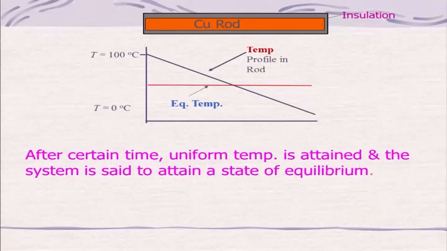I need to isolate it, otherwise no. Unless I isolate it from its surroundings, including the heat source, the heat bath and the cold bath, those are basically surroundings for it.